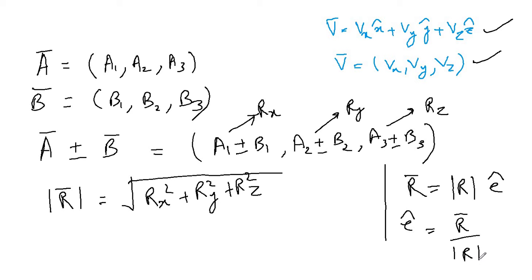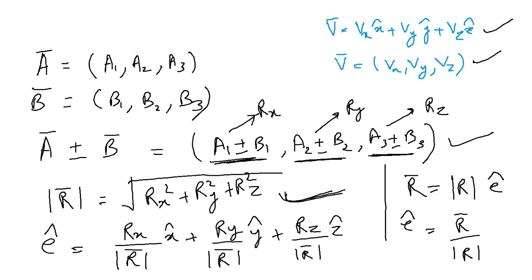So if you have this resultant and you want to find out the direction, then you simply divide each component, this rx, ry and rz, by this whole magnitude, and that should give you the direction. And in this case it would be given by this formula.